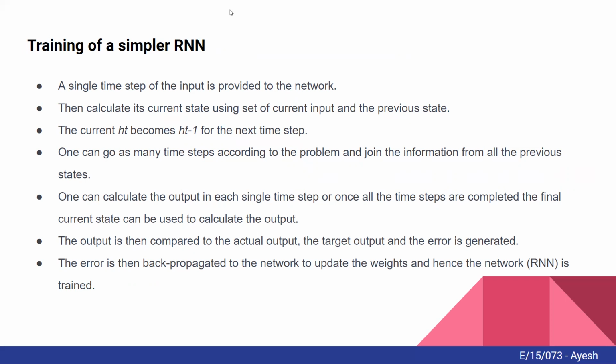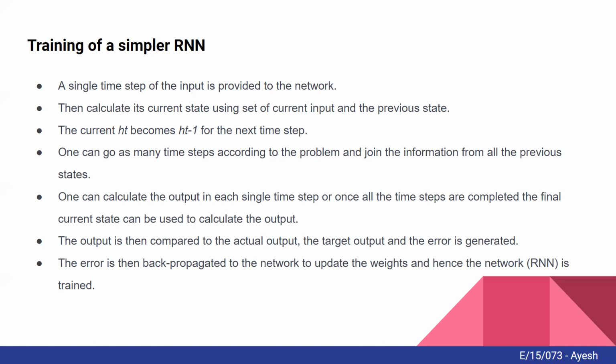The current ht becomes ht minus 1 for the next time step, and one can go as many time steps as the problem requires and join the information from all the previous states. One can calculate the output at each time step, and once all the time steps are completed, the final current state can be used to calculate the output. So if there are 10 steps, we are using the information of 9 steps to calculate the 10th step.